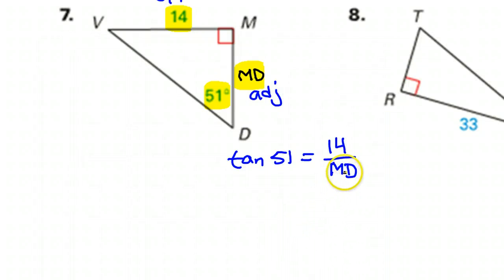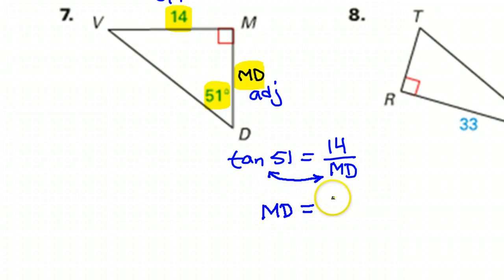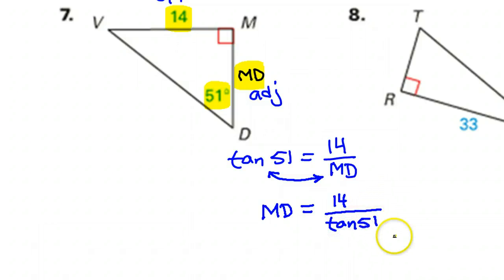Now, if I want to solve this for MD, this is one of those ones where we're going to use the shortcut. If you have something that's equal to a fraction, you can always switch the denominator with the thing that's out here by itself. If I use that shortcut right now, the MD is going to come out here by itself, which is cool since that's what I'm trying to solve for. And the tangent 51 will become the denominator. So I will have 14 over the tangent of 51.